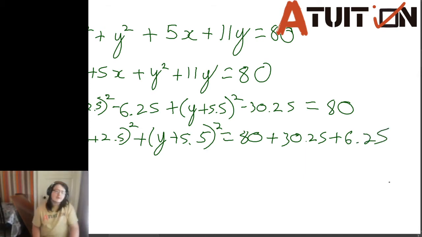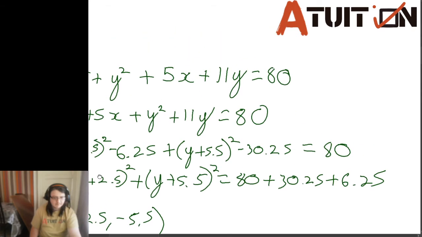There we are. Alright, now we can see what the center of the circle is going to be, because we've got this side in the right format, and on the right we're just going to have some number. So the center of the circle is going to be minus 2.5, minus 5.5, because it's x minus a, where minus a is 2.5, so a is the negative of that, which is minus 2.5. So the coordinates of the center of the circle are minus 2.5, minus 5.5.